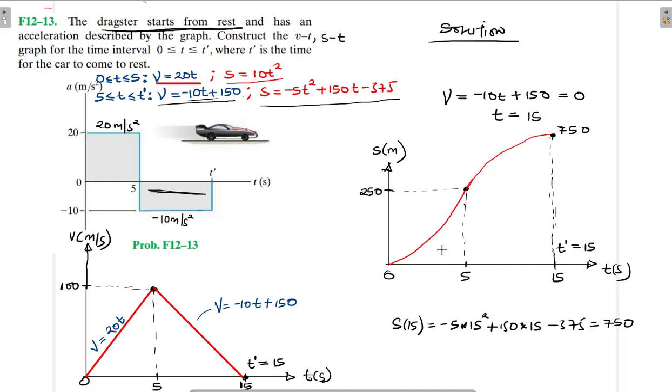Right. So this equation is s is equal to 10t squared, and this one here is s is equal to minus 5t squared plus 150t minus 375.